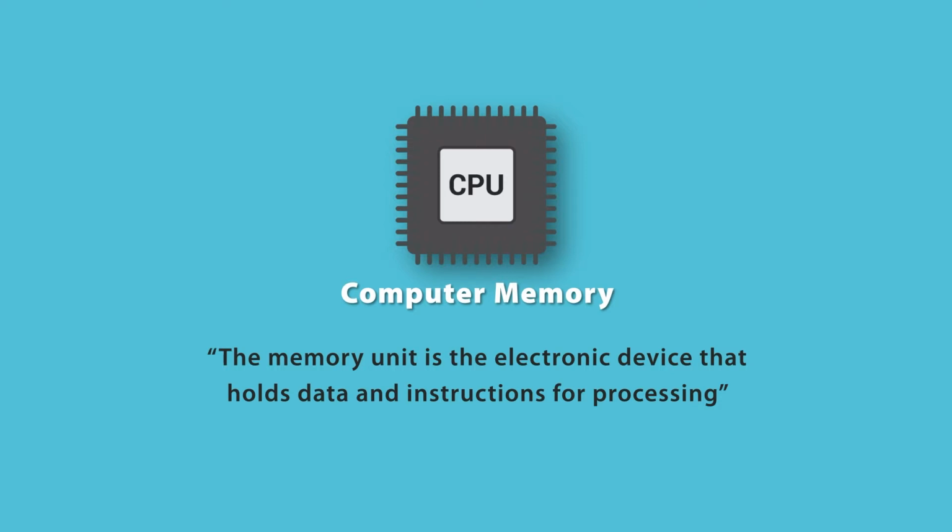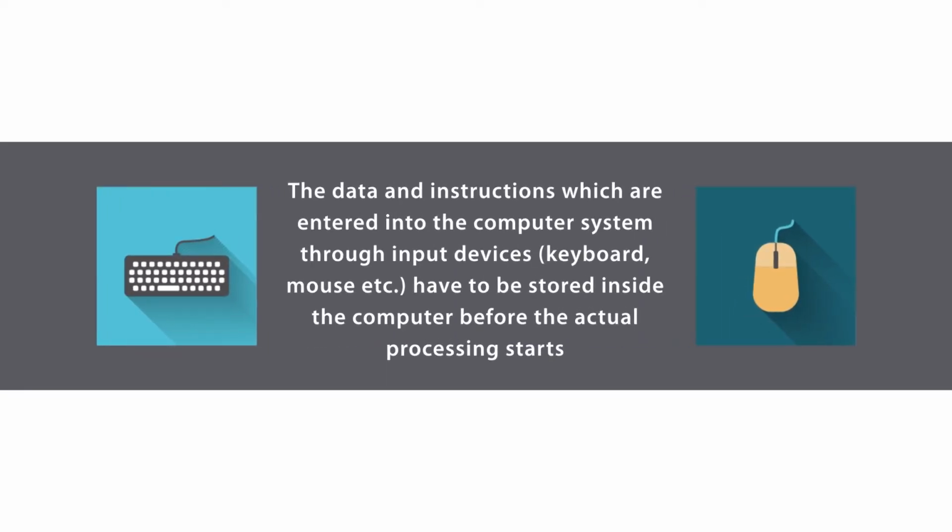Now, if we talk about computer memory, memory is a basic electronic unit or device which holds both data and instruction for processing. So, in a computer system, those instructions which are to be processed are first loaded either from some input devices like keyboard or mouse to the main memory, or they are loaded from some storage device like your hard disk or a pen drive.